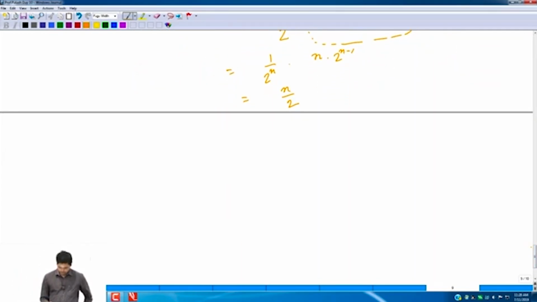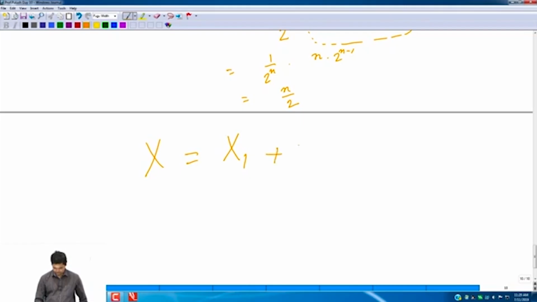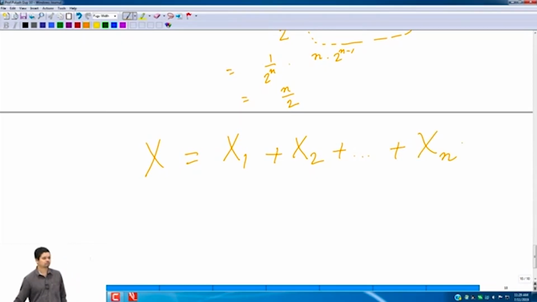First observe that x can be written as the sum x1 plus x2 plus up to xn, the sum of these n random variables, because x1 takes 1 if the first coin comes up head, x2 takes 1 if the second coin comes up head, otherwise 0. So the sum actually counts the number of times it comes up head.